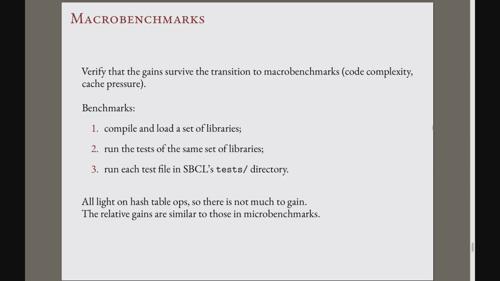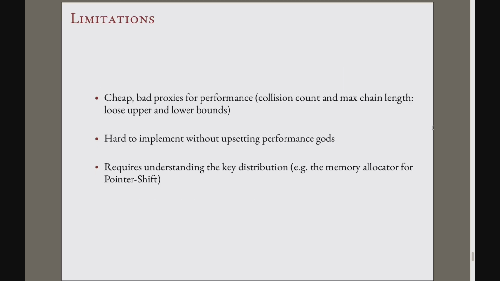So I did quite a few macro benchmarks, and in the end I was happy to be able to reproduce the relative gains that I've seen on the micro benchmarks. So all is good.